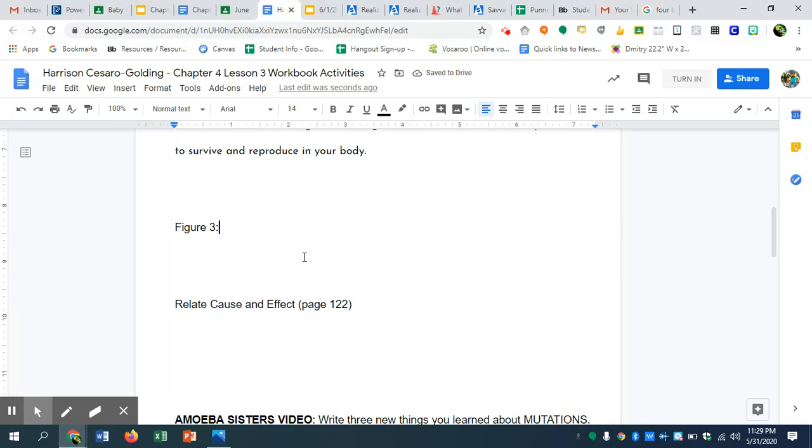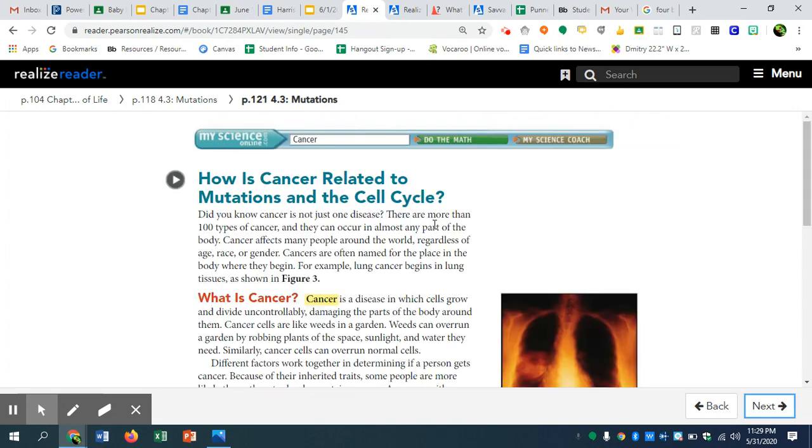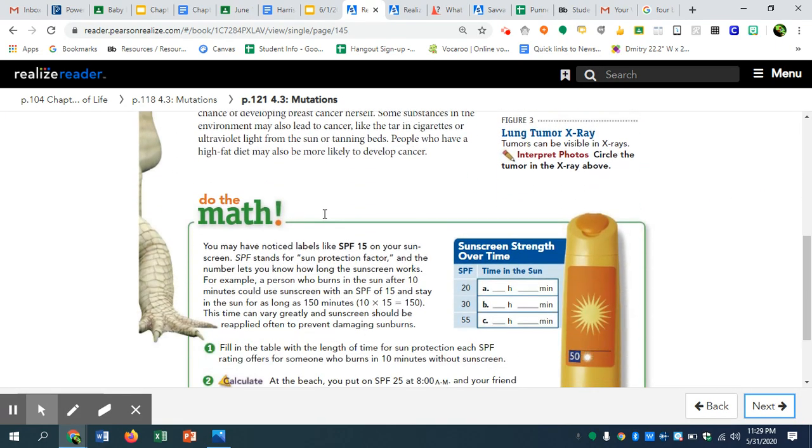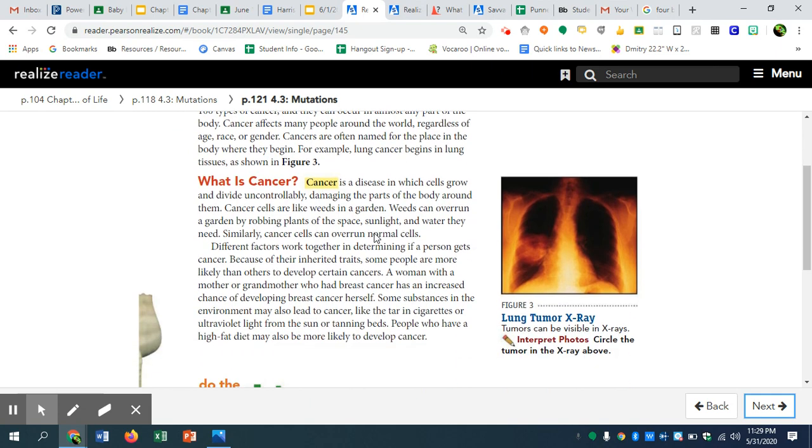Figure 3. Next page, please. So now we're going to talk about cancer cells. That is a mutation that is harmful. So it says cancer is a disease in which cells grow and divide uncontrollably, damaging the parts of the body around them. Cancer cells are like weeds in a garden.